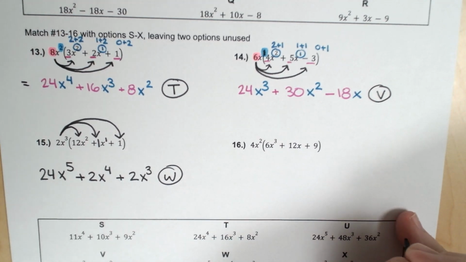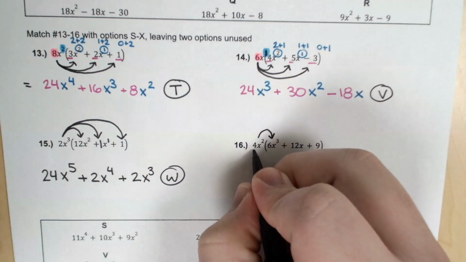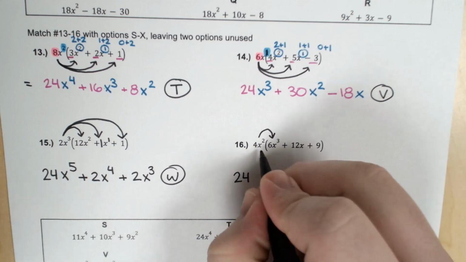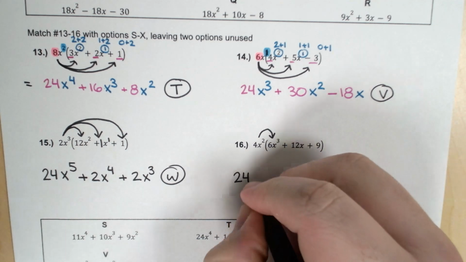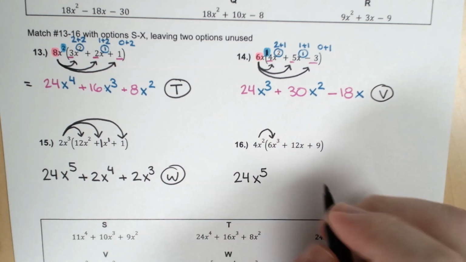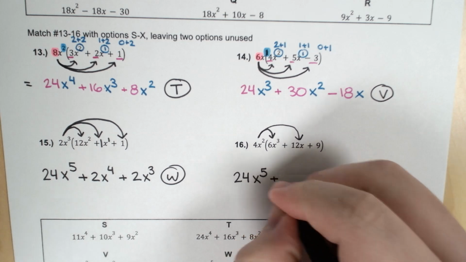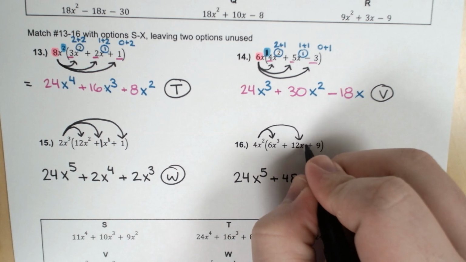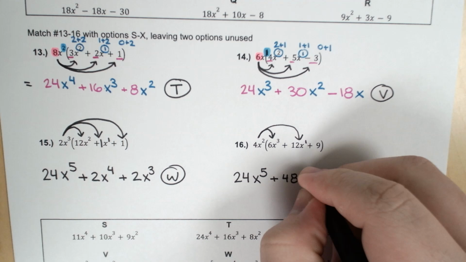And finally, 4x squared times 6x cubed. 4 times 6 is yet again 24. X squared times x cubed. 2 plus 3 adds to 5. 4 times 12 is 48. X squared times x to the first power adds to x to the third power.